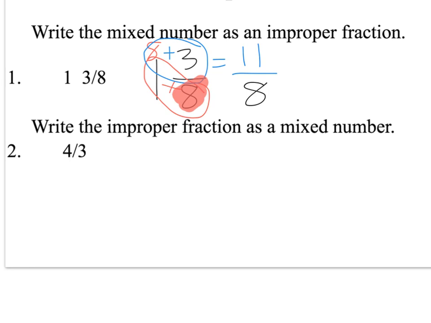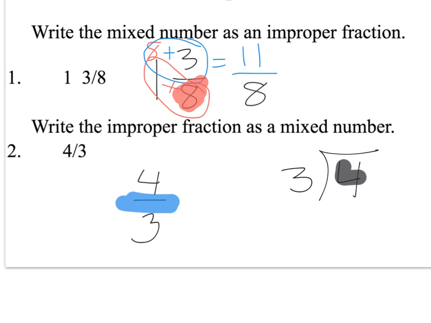Now if you look at the next one, it says write the improper fraction as a mixed number. So we have 4/3. Remember, you're going to look at this fraction bar and think of it as a division sign. So you're going to think 4 divided by 3. How many times does 3 go into 4 evenly? Well, it's 1, and then I'm going to have a remainder of 1.